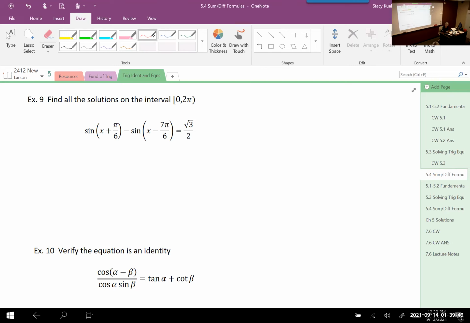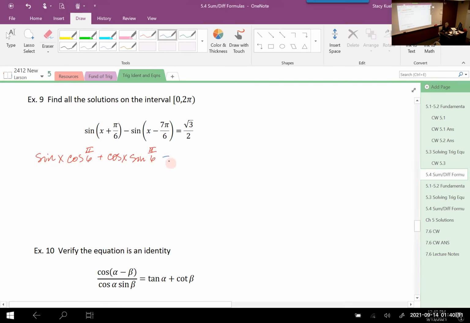So we want to simplify this. The sine of x plus pi over 6 we're going to simplify to be sine x cosine pi over 6 plus cosine x sine pi over 6.